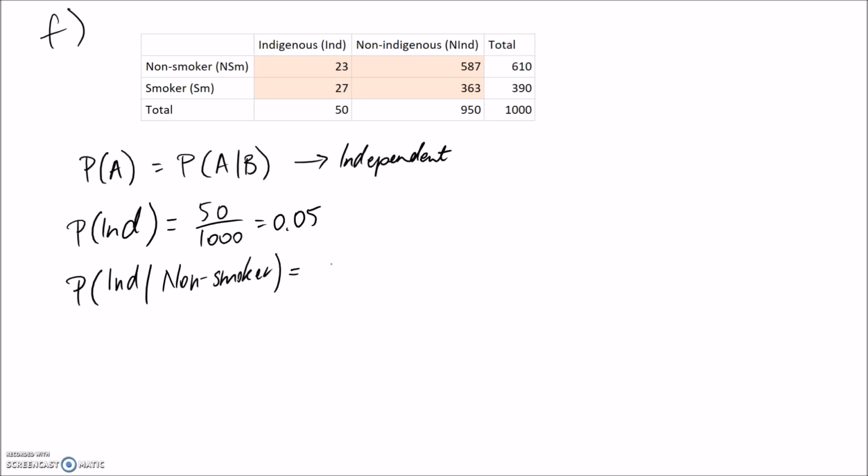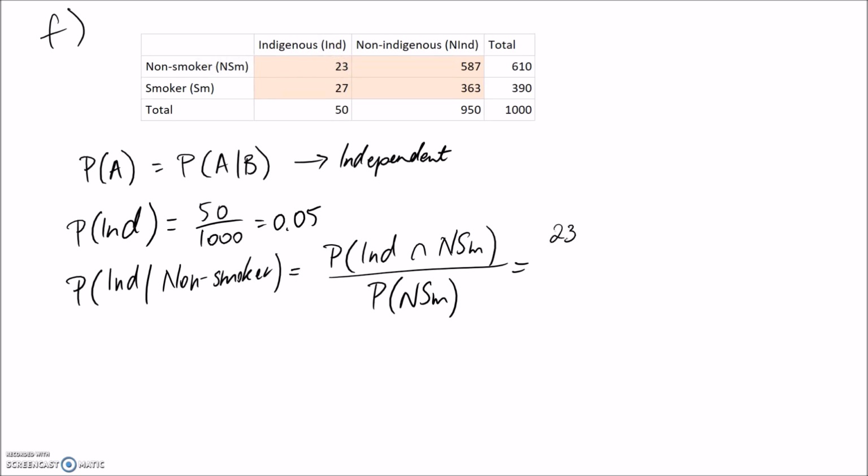So again, this is where we can write it out with our other form of the equation, where we look for the intersection of Indigenous and non-smoker. Write this as NSM, sorry, and divide by just the probability of being a non-smoker. So the probability of intersecting these two events, so it's going to be this column and this row, it's 23 out of the total of 1,000 people.